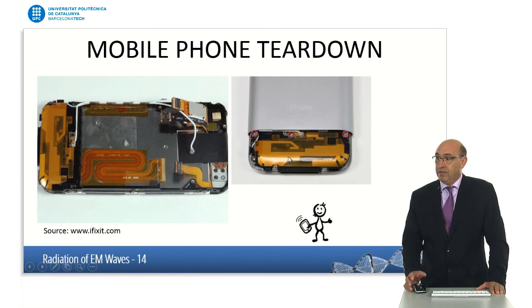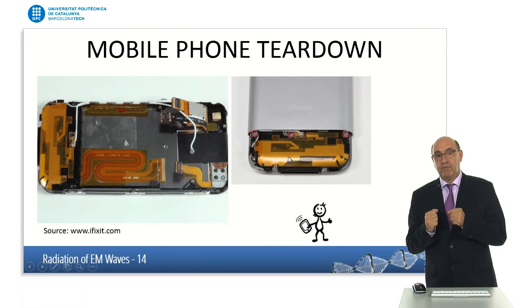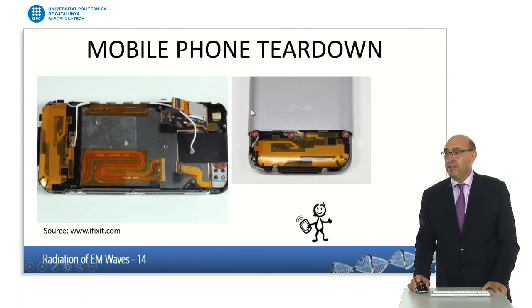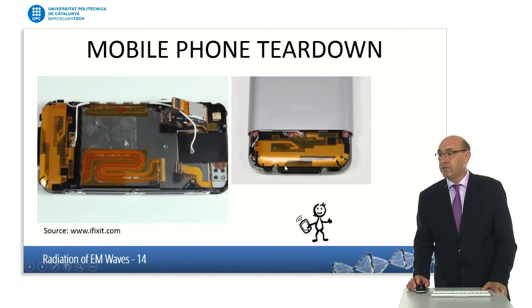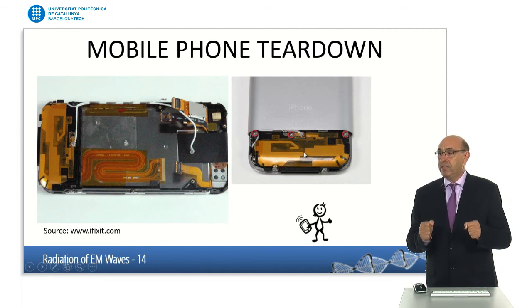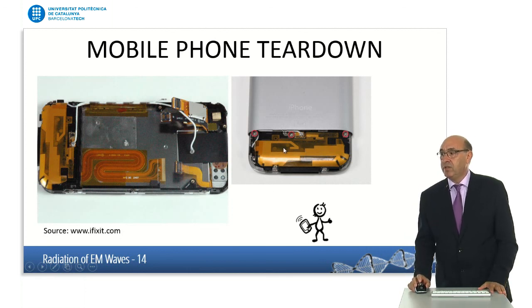Now those fields propagate in space, and now think that this phone is just a receiving phone. What happens here? Then the electric field will exert a force on the charges that may move around the circuit, and in some way make those charges move around the circuit.